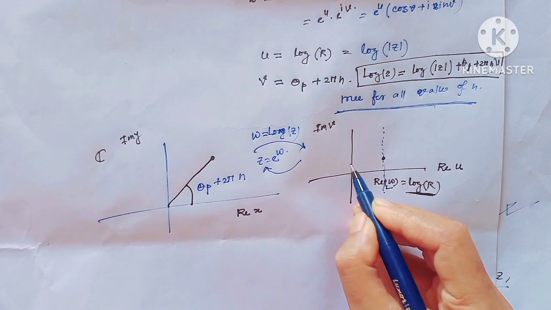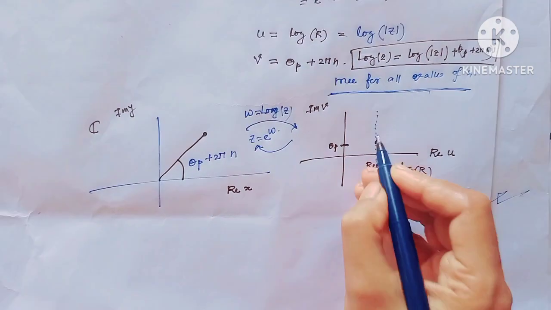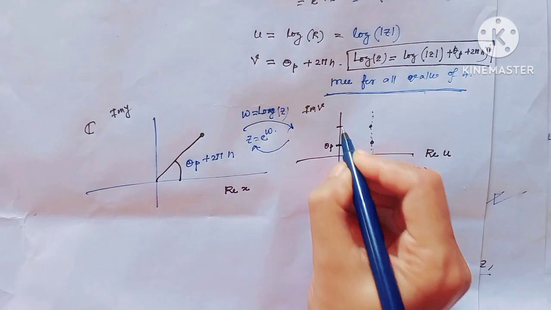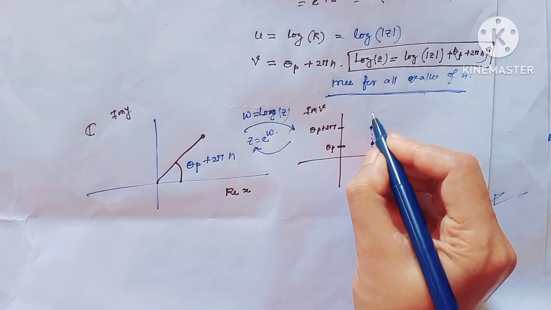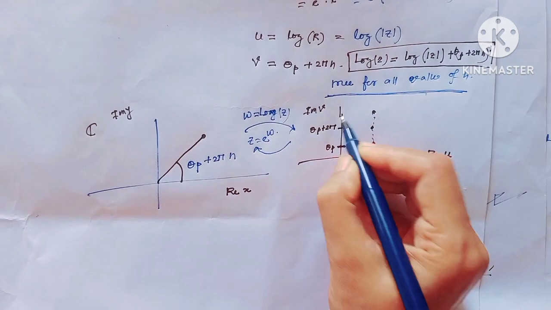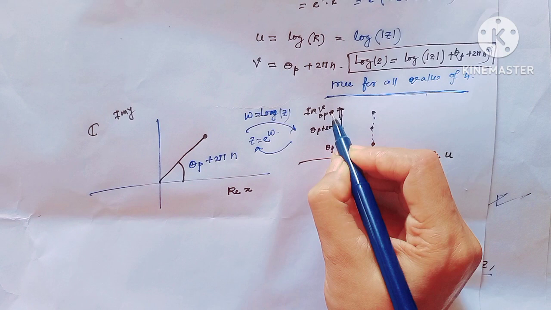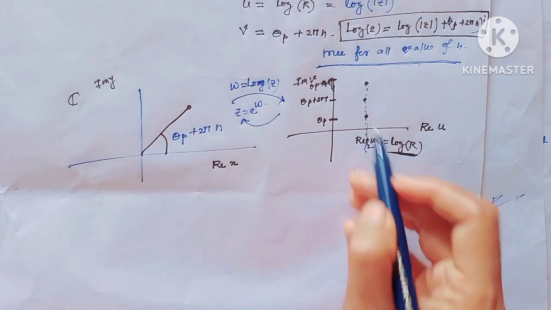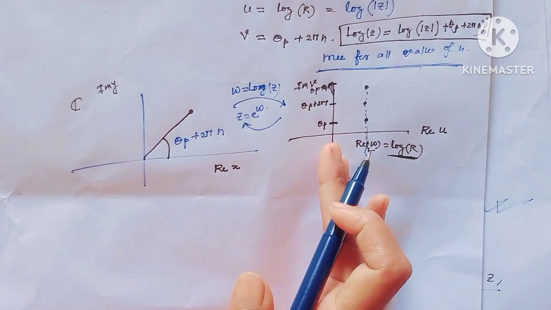Consider this is theta p, this is theta p plus 2 pi, this is theta p plus 4 pi. Similarly, for negative values it would be a different value.